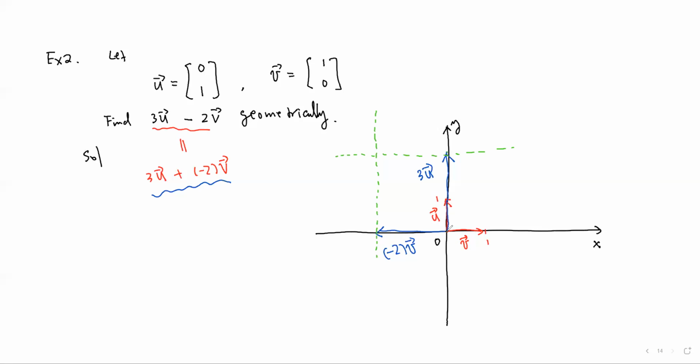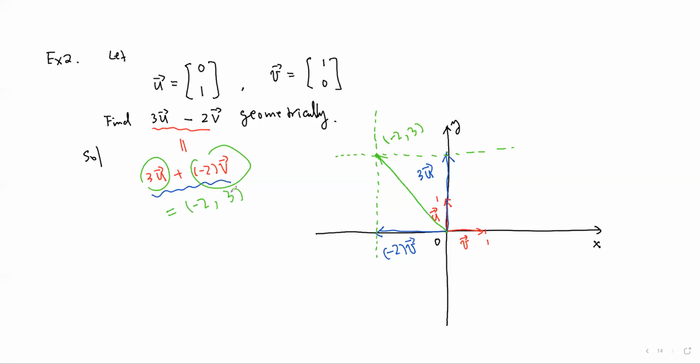Then, starting from the origin, draw a line to this point. Yeah, this is the diagonal line of the parallelogram. So this green arrow is the sum of this vector and this vector. This point is (-2, 3). So the sum of these vectors is equal to (-2, 3).